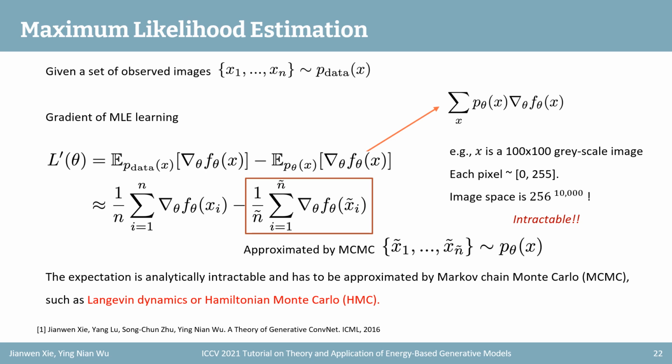Therefore, it has to be approximated by a Markov chain Monte Carlo (MCMC) method, such as Langevin Dynamics or HMC. To be specific, we can sample x tilde from the model distribution and use the sample average to approximate the expectation.